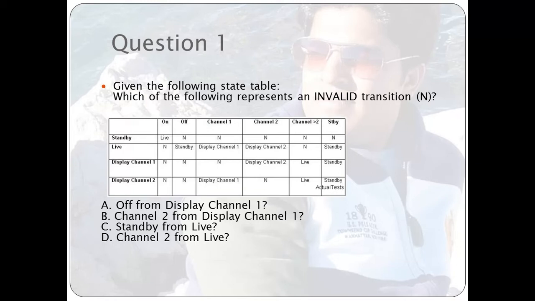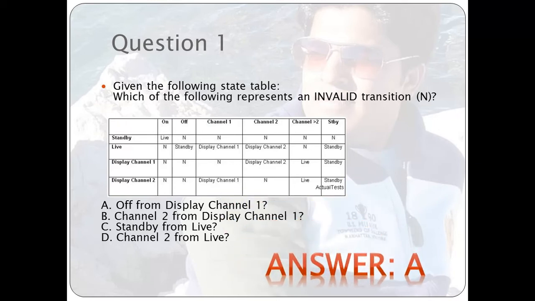If you need more questions like this, I will provide you more, but you need to just go through the tables closely and get the right answers here. If you are having difficulty in finding the answer for this one, you can comment in the section below. So for this, the correct answer is first option from the table.